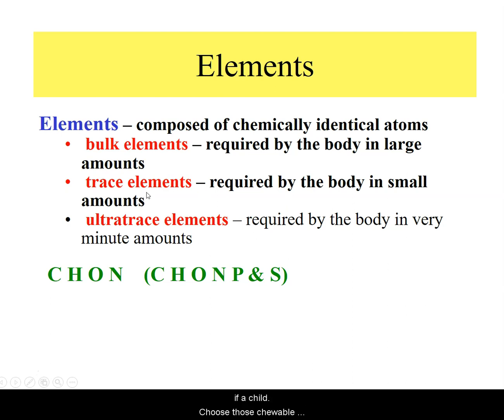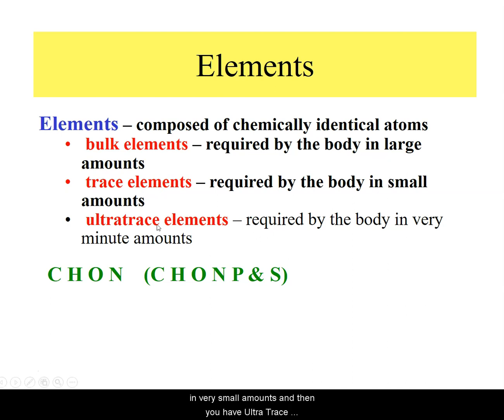That's why if a child gets into those chewable vitamins and thinks it's candy and chews several of them, they're getting a lot more of those elements than they need, and it becomes poisonous if you take in too much. So trace elements are needed by the body, but only in very small amounts.